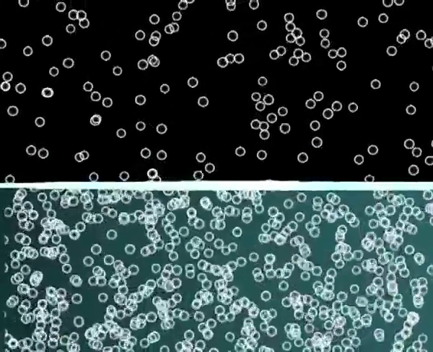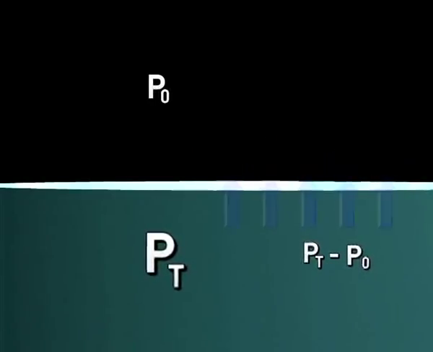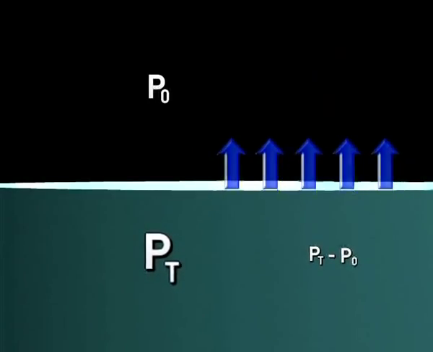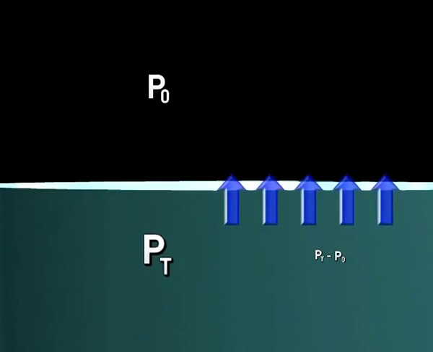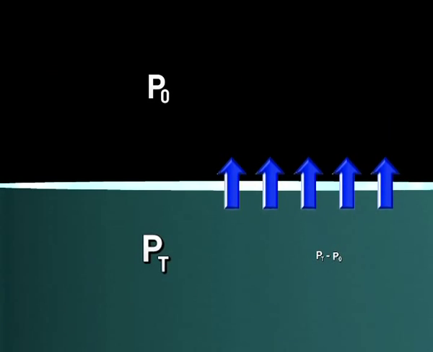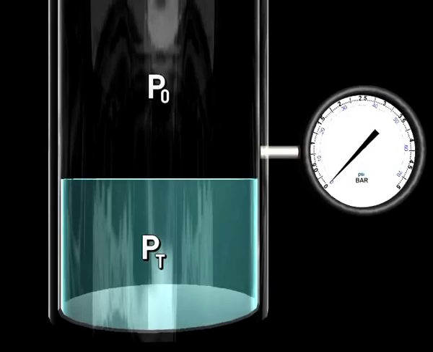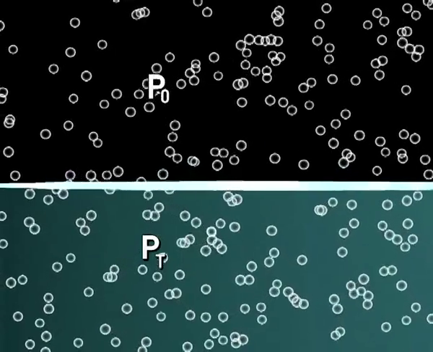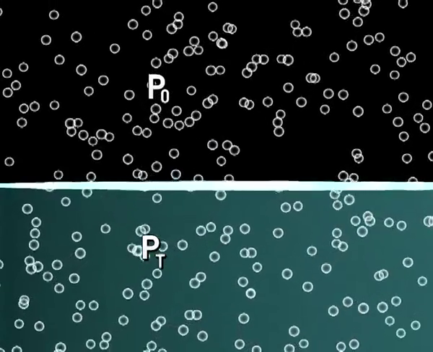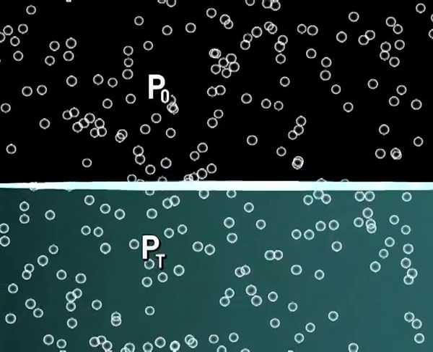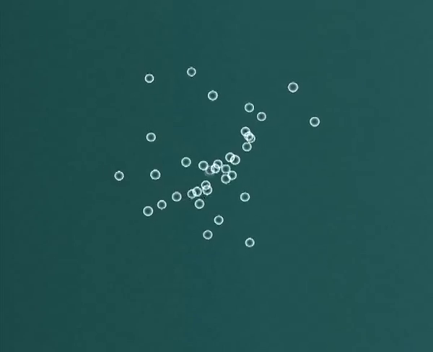The tissue is said to be in a condition of oversaturation. This time, the difference PT minus P0 forces the gaseous molecules to leave the tissue and return to the gas. Also, in this case, the rate of elimination is initially fast and then gradually slows down. After a certain time, the tissue again reaches the equilibrium for the new condition of saturation for the ambient pressure P0. Its complete desaturation has taken place.